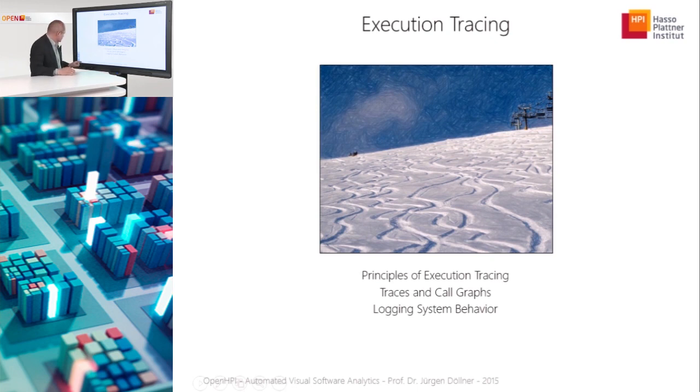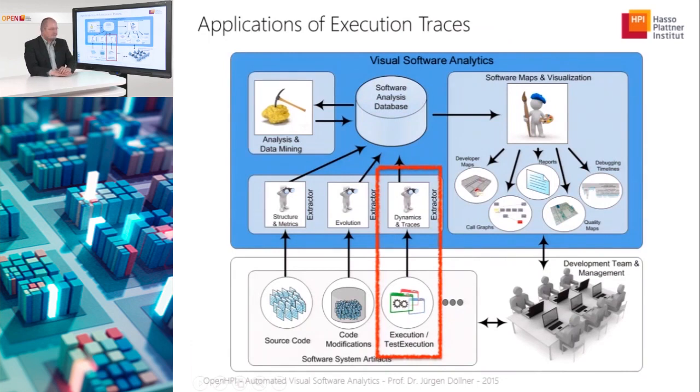Let's start with principles of execution traces. This is the overall picture where execution tracing is applied within software analytics. We would like to extract data about execution of software systems by tracing the dynamics of a system, recorded by traces, and this forms part of the general database that is used by software analytics later on to visualize aspects, to correlate information, and, for example, to generate software maps.